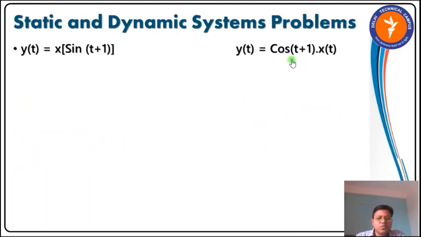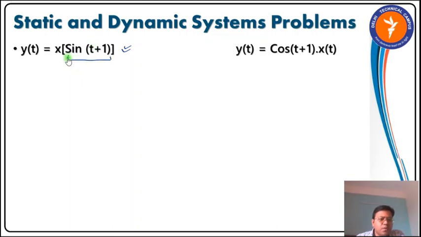Let us have these two problems also. This particular problem appeared in the sectional exams 2 years back. Let us see this. We have y of t which is equal to x of sine t plus 1. We can clearly see that there is a certain shifting in time, as well as scaling. For x, this whole will represent the time instant.